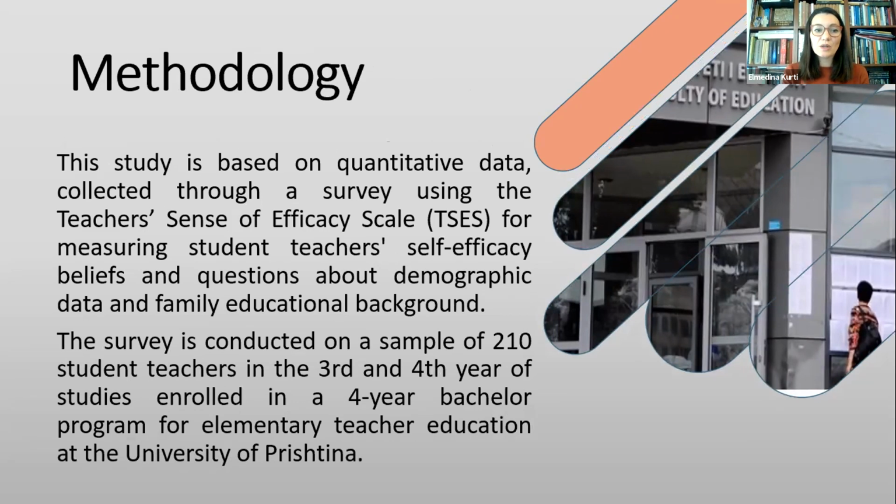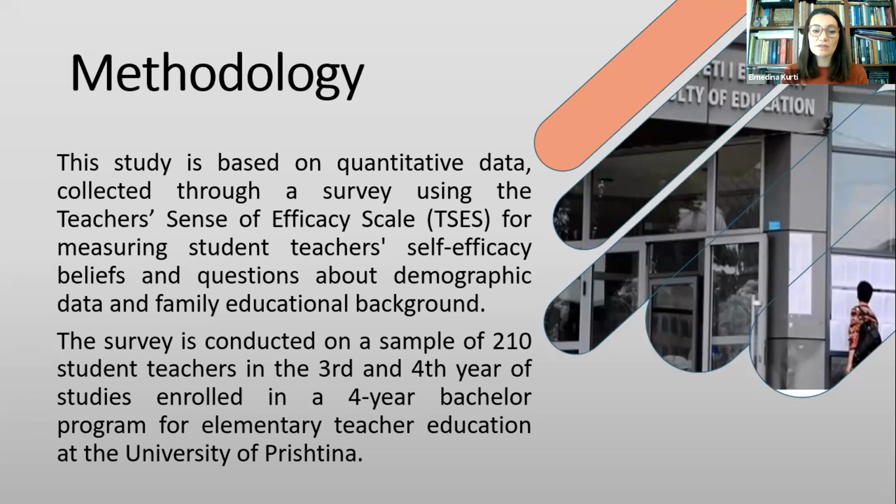The methodology: this study is based on quantitative data, collected with a survey using the Teacher Sense of Efficacy Scale by Tschannen-Moran. We also had some questions about demographic data and family educational background.